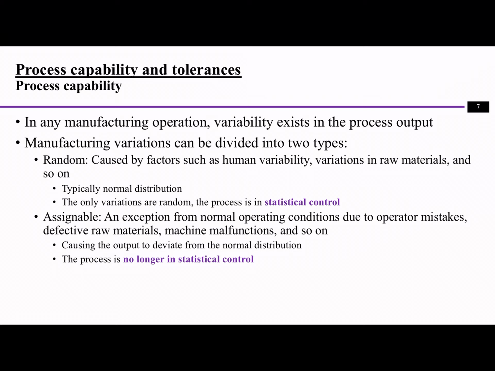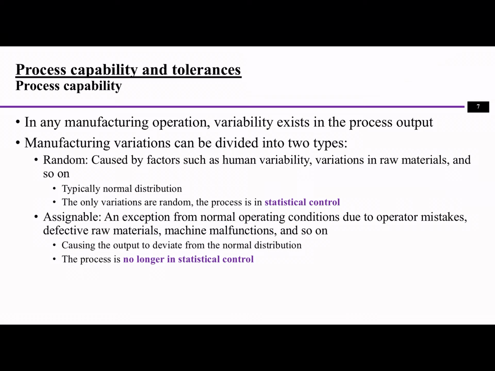Well, another type of variation is assignable. Assignable variation is because there are some external reasons that cause those variations, and those variations or errors are constantly happening, right? Constantly happening.